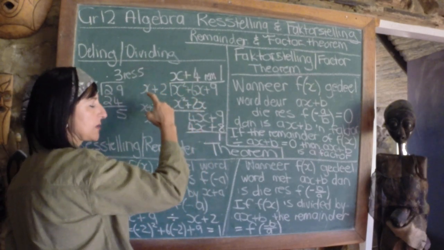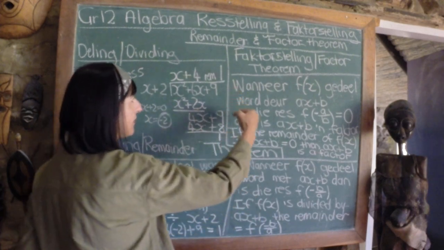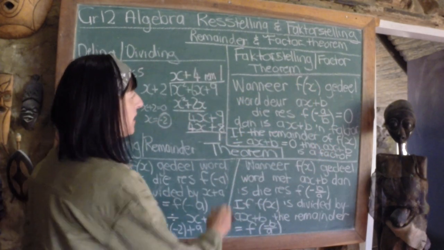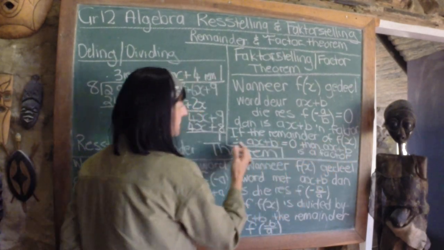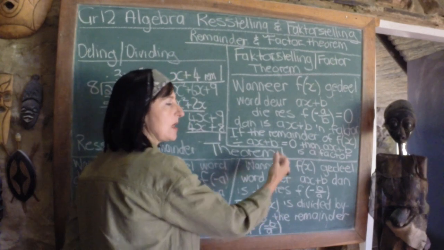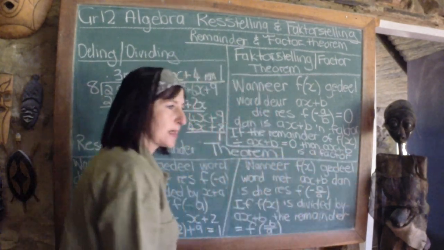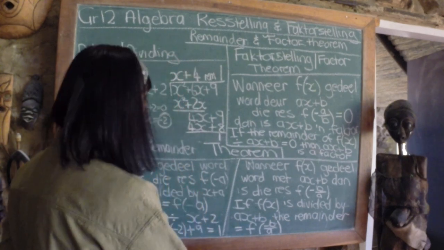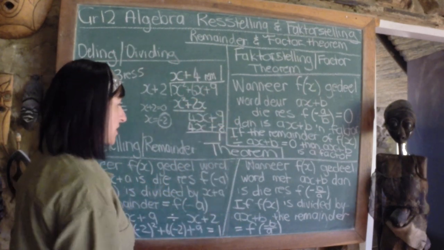Then that thing must be a factor. So this is what the factor theorem tells us, teaches us. If the remainder of fx divided by ax plus b equals 0, then ax plus b must be a factor. Dit is die resstelling en die faktorstelling.